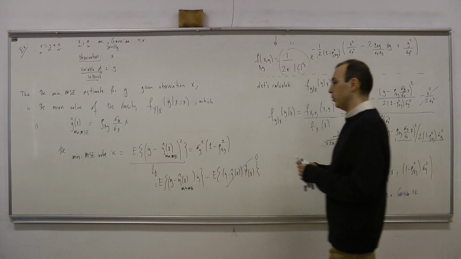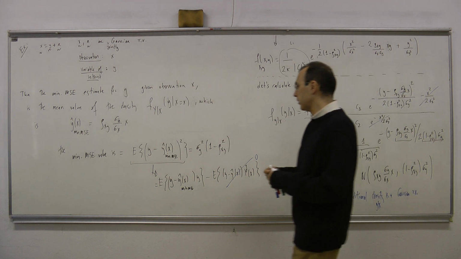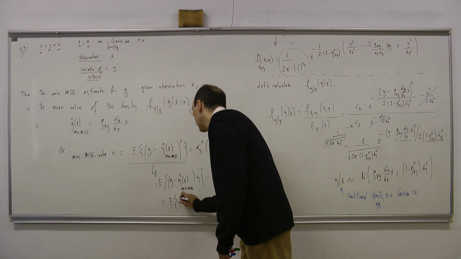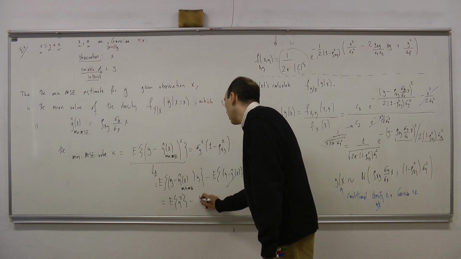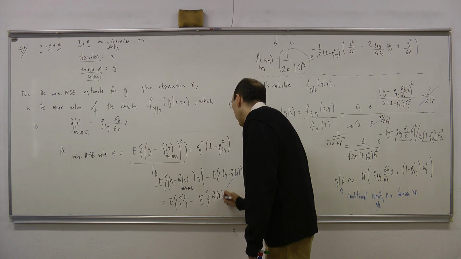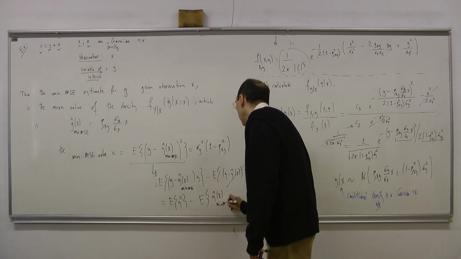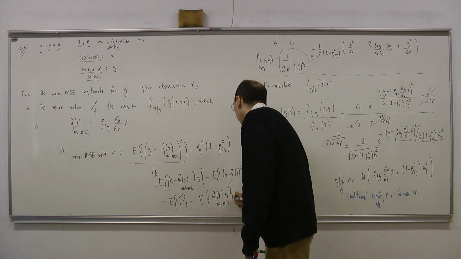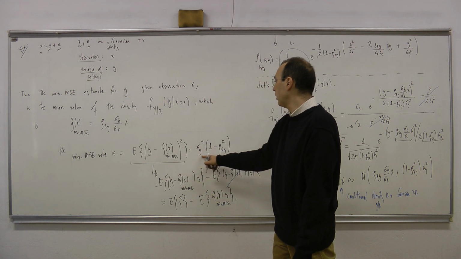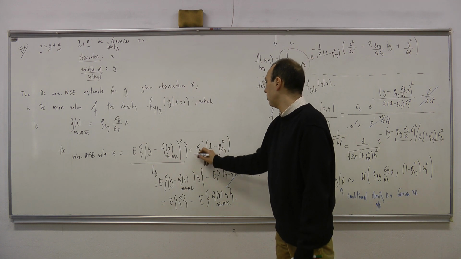This part is again 0. So I get the expected value of, as you see, we end up with the same result. Expected value of y square minus the expected value of y hat of x, the optimal estimator, min.MSE, times y. Okay. So the expected value of y square is, since y is 0 mean, sigma square. I get this term.